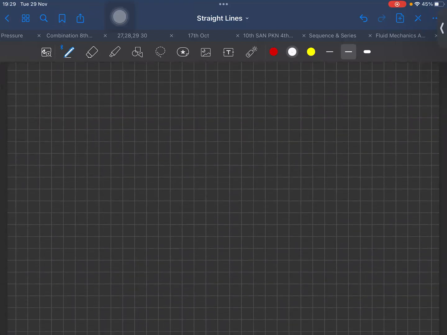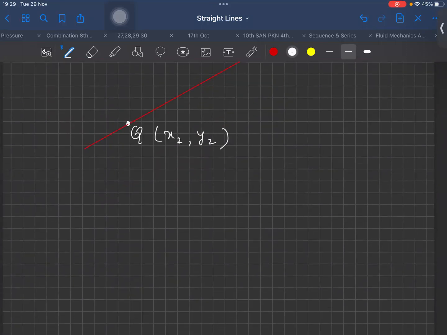One more last point I want to give you: suppose there is a line like this and you are given 2 points, P (x1, y1) and Q (x2, y2). How do you find the slope?